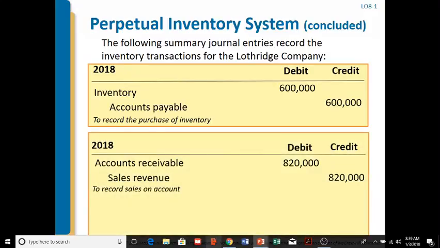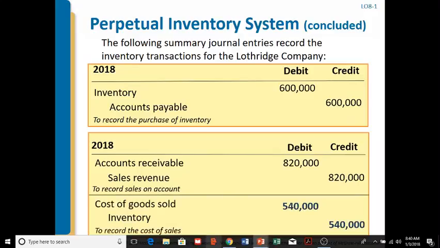As far as when they sell items, the cumulative effect is the following: debit $820,000 to accounts receivable and credit $820,000 to sales revenue. As far as the second part of this, the cumulative effect is debits to cost of goods sold of $540,000 and credit to inventory of $540,000.